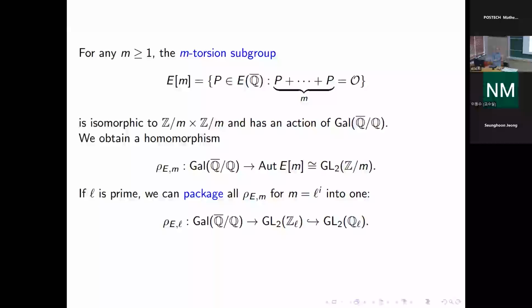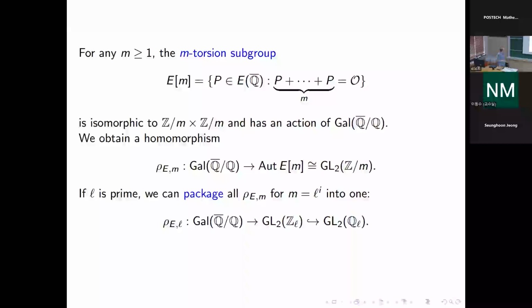And just focus on that one prime. I don't want to worry about all primes at the same time. I just want to focus on one prime L. I fix one prime L, and I package all of these Galois representations or homomorphisms together. It's very easy to see that if we take increasing powers of L, they're all compatible with each other.